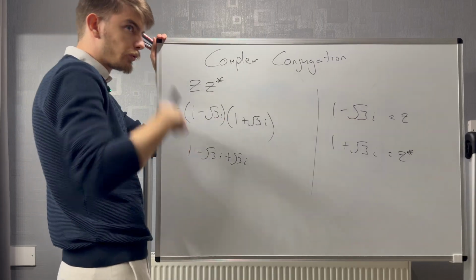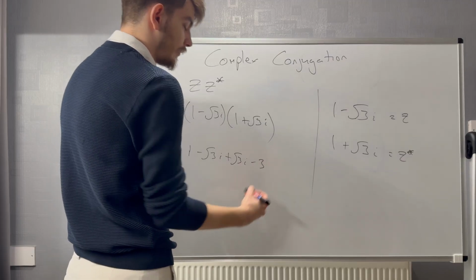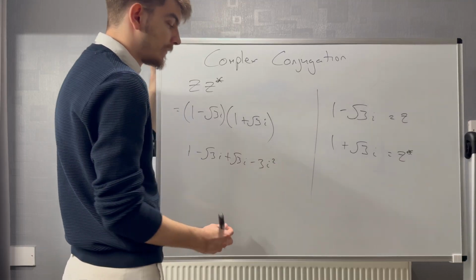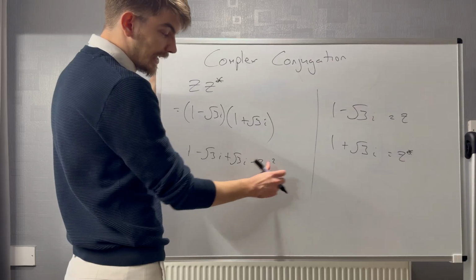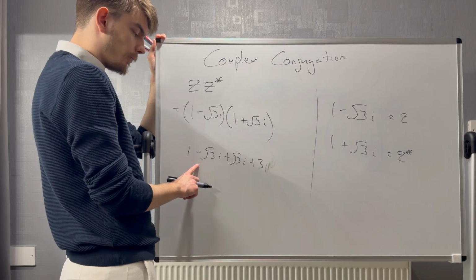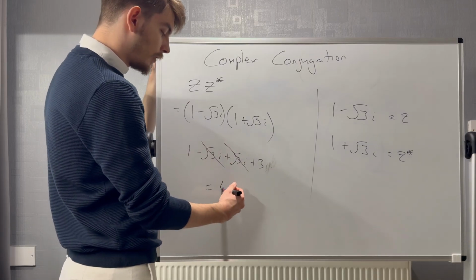So I have minus root 3 times root 3, well, that's minus 3. And then i times i, which is i squared. Now, what do we know about i squared? It's minus 1. So this actually becomes plus 3. And here, I've got minus root 3 i plus root 3 i. They cancel. And I just get 4.